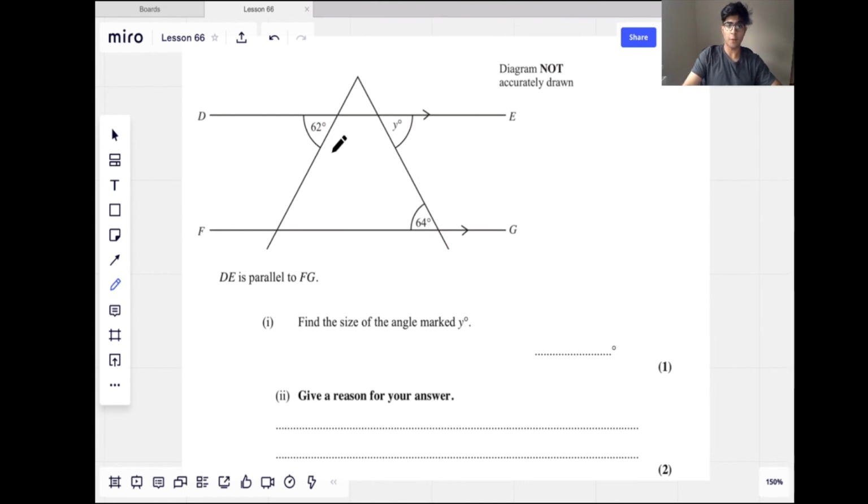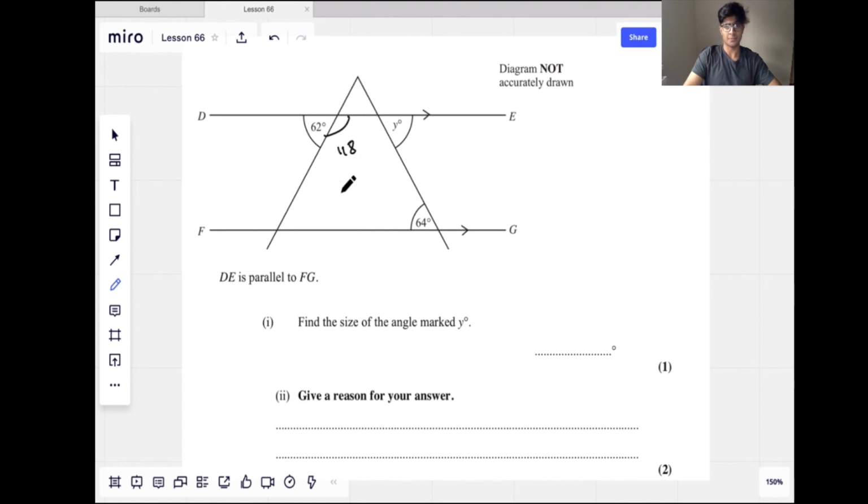We have a few angles that we're given, and we can try labeling them. If this is 62, then this is 180 minus 62, because angles on a straight line sum to 180. So 180 minus 62 is 118. Okay, but what do I do with that now? I can find this angle here, but that won't be too helpful, because I can't really see how else that would be of any use.